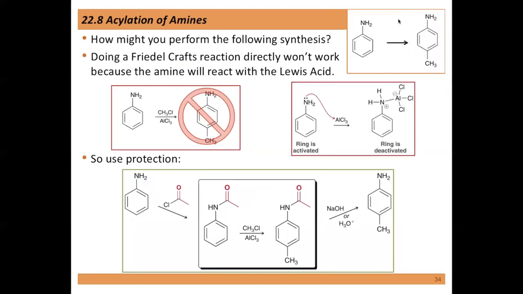Something else that it can do is it can allow us to do Friedel-Crafts alkylations and Friedel-Crafts acylations. So again, if I wanted to do this reaction in the top right here, I would have problems. Remember back to the aromatic chapter, I always said, try not to do reactions with amines. Make sure that the amine was the last step.